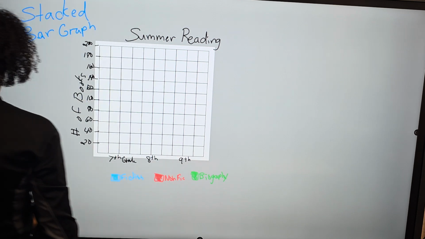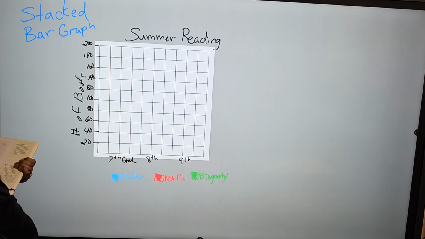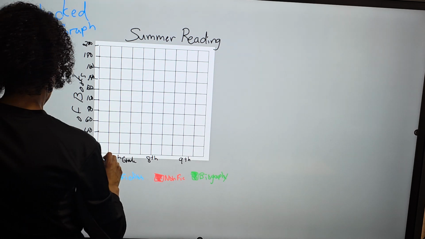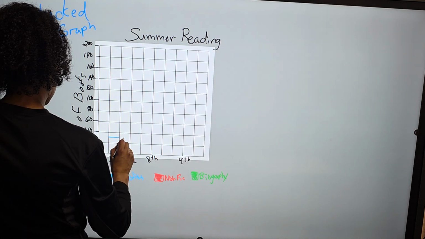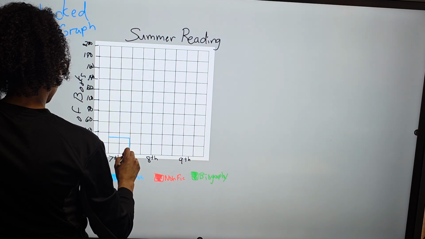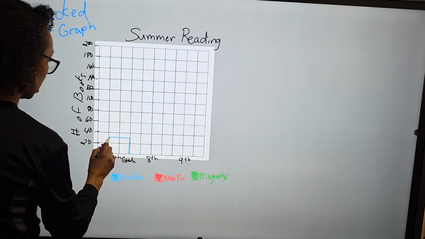Okay, so for the 7th grade fiction, we see that the blue category goes up to between the 20 and the 40. So right in here. Make my pen a little wider.